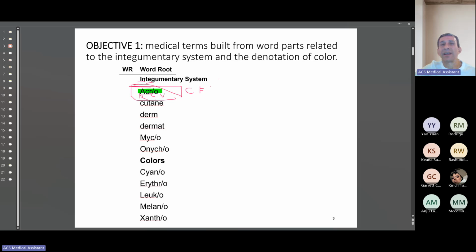Can you imagine, acro means extremities. Remember, this is not English, it's not Spanish, it's Latin and Greek. So extremities. Later on, we're going to learn some suffixes that we're going to attach to it so we can find the complete word and the complete definition of this term.